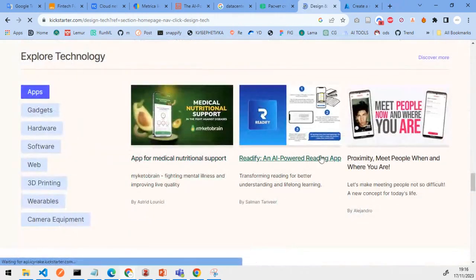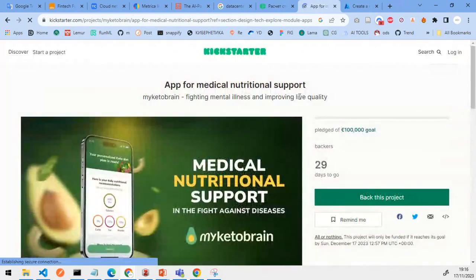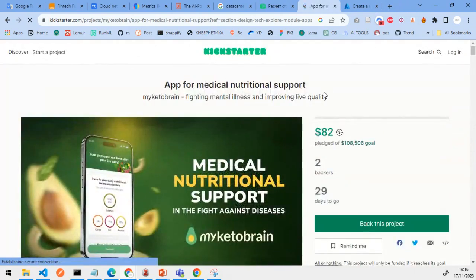So let's say this app is for medical nutrition support, and you set up a goal. This person's goal is $108,000, it was set up 29 days ago, and so far only $82 has been pledged.